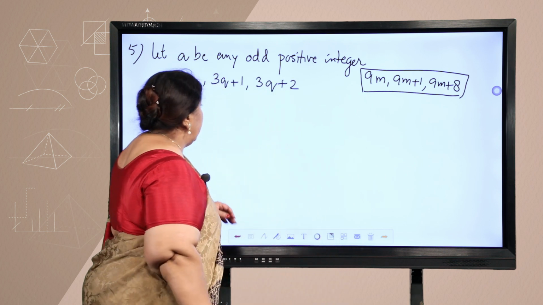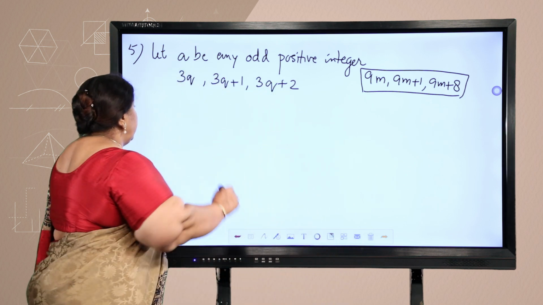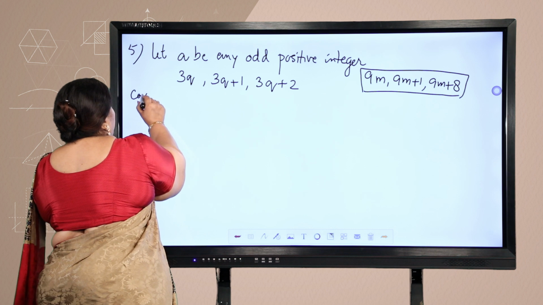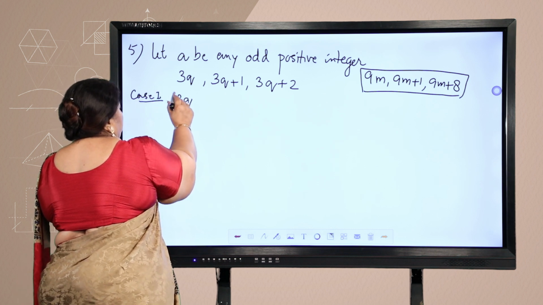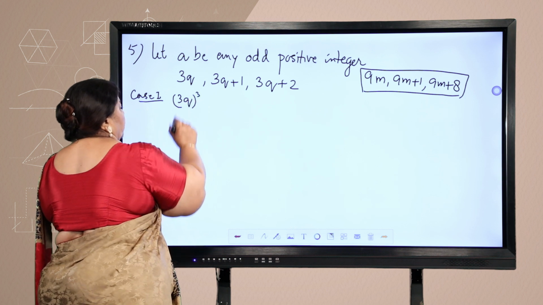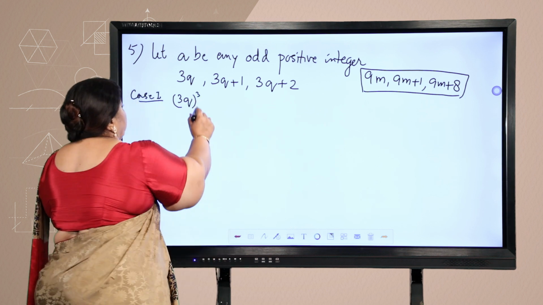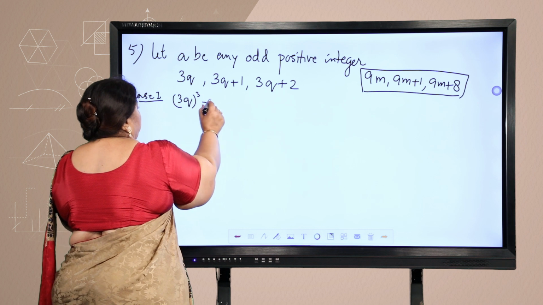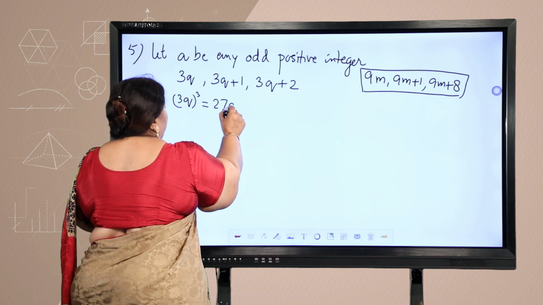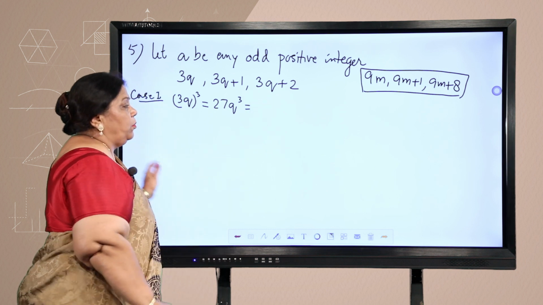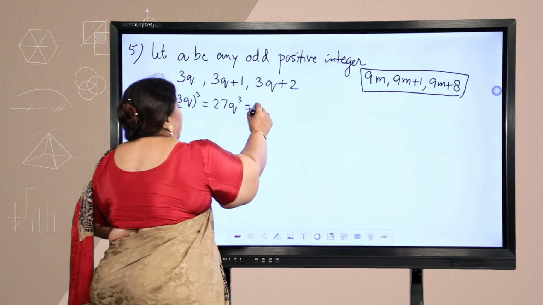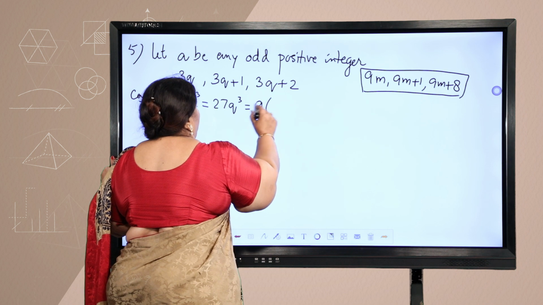For this, let us see the 3 different cases. Here, case 1, I will be taking 3q whole cube. What is a cube? It is 3 into 3 into 3 is 27q cube. Because I have to show it in the form of 9m, let me take 9 outside.